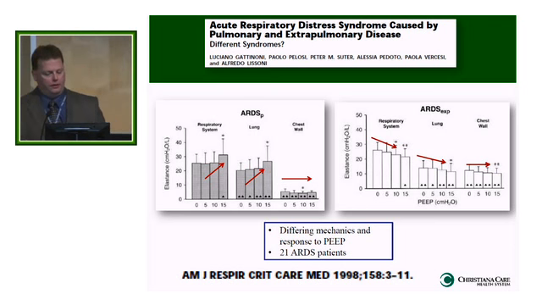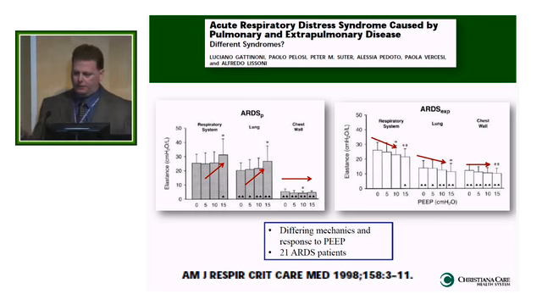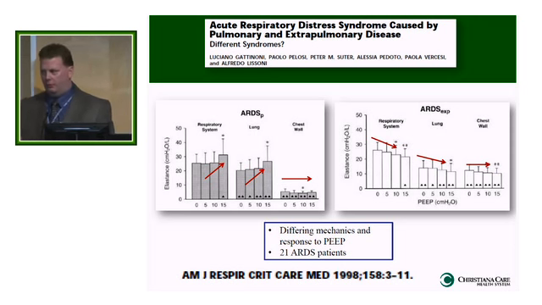So you get a drastically different result if you say these are the primary pulmonary ARDS patients versus the extrapulmonary, and you start adding PEEP to them. This would say that you're not going to make much headway from a recruitment standpoint with the pulmonary ARDS patient, because their compliance got stiffer, which means you didn't really open up much lung. If their lung got more compliant, it means there's more alveoli open.